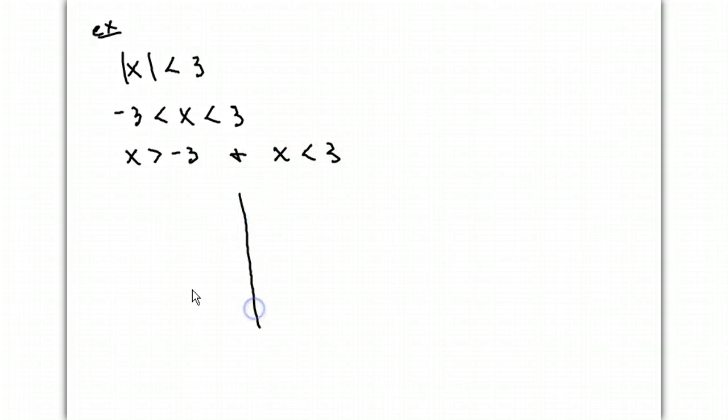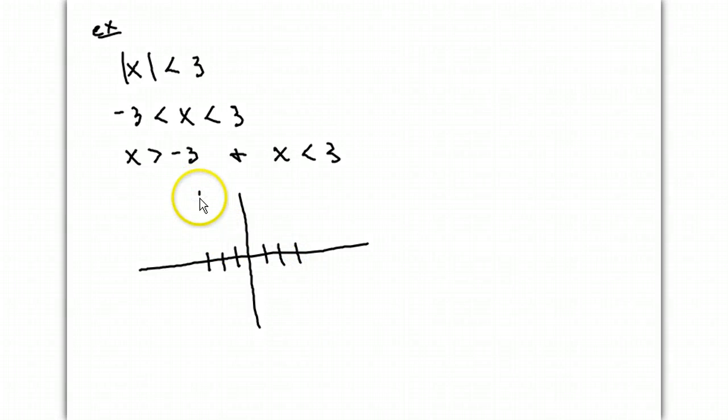So when you graph the two, x equals negative 3 is over here. x equals positive 3 is over here. So you have lines going through both. And because they're strictly greater, strictly less, those lines are dotted.